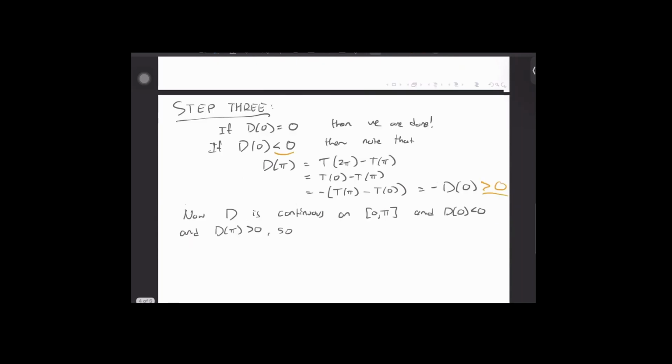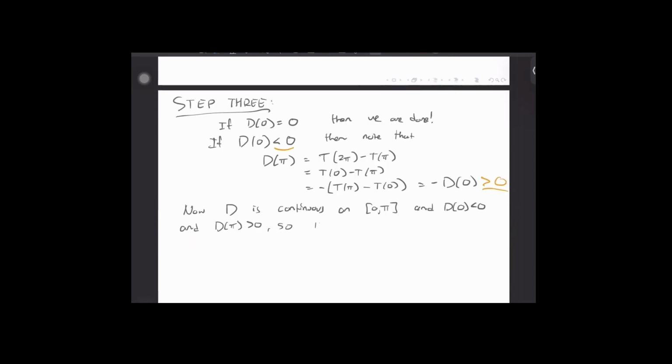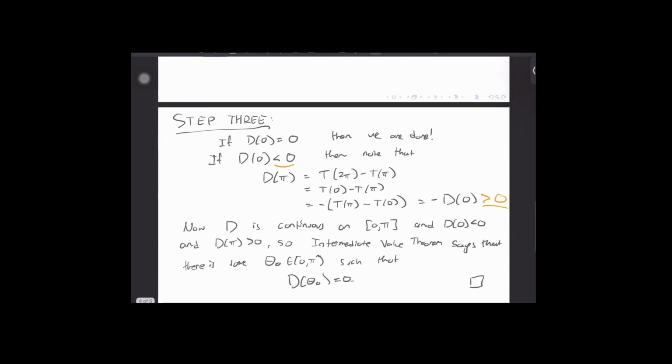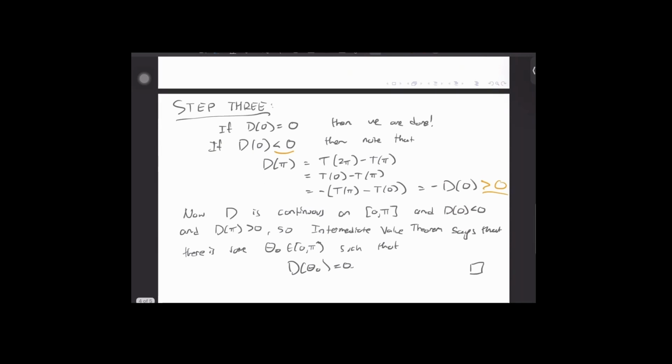So the intermediate value theorem applies and says that there is some theta naught in 0 to pi such that d of theta naught is 0. And for the reasons we mentioned above, that actually proves our claim. So we found two antipodal points that have the exact same temperature.